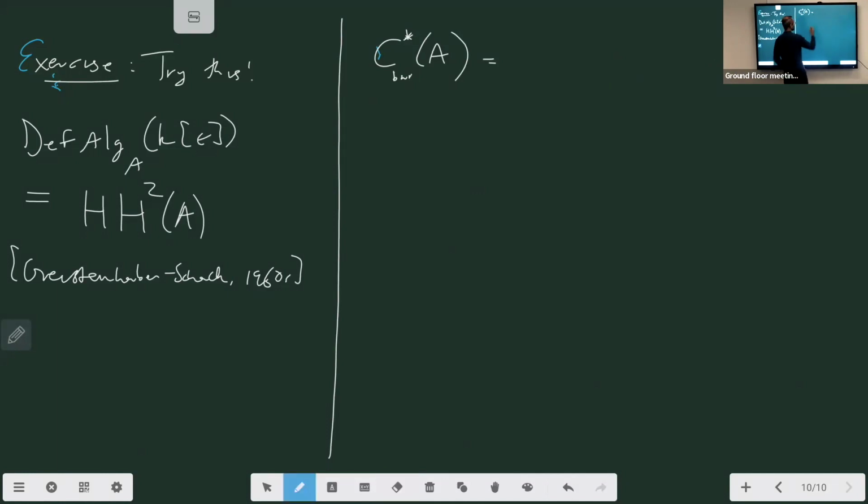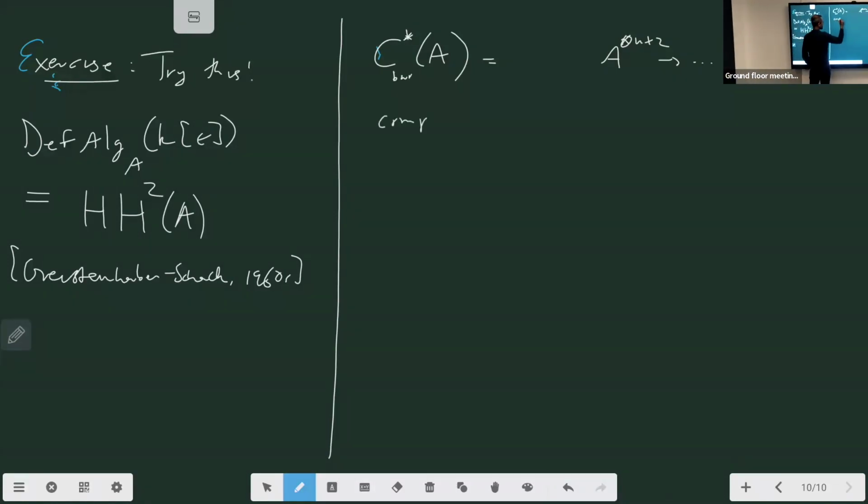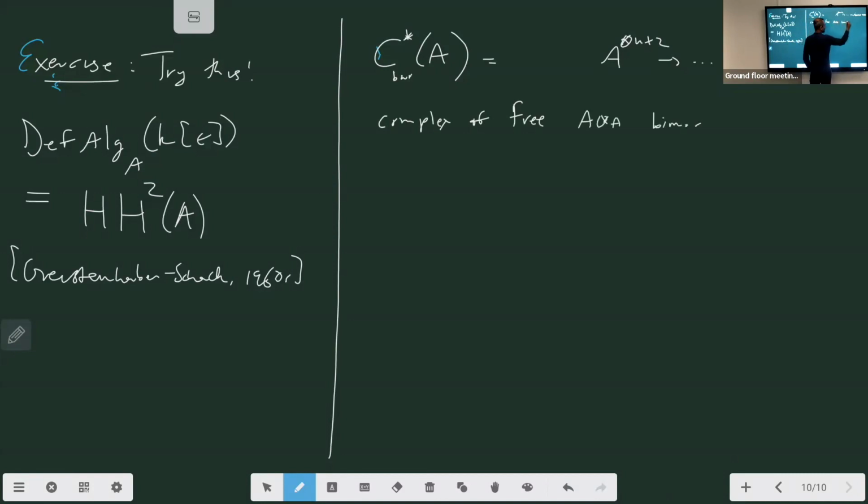Okay, so let's try again. So we get a complex like this, the complex of A tensor A bimodules. And from this, you can construct this thing called the cohomological Hochschild complex.